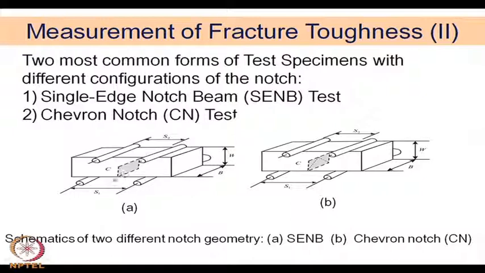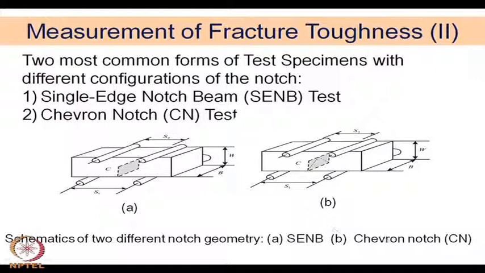So, on the bottom surface we have intentionally created a notch, and the end of the notch is obviously as small as possible, certainly of the order of a few microns, and this is a linear notch, whereas here it is a V kind of notch.